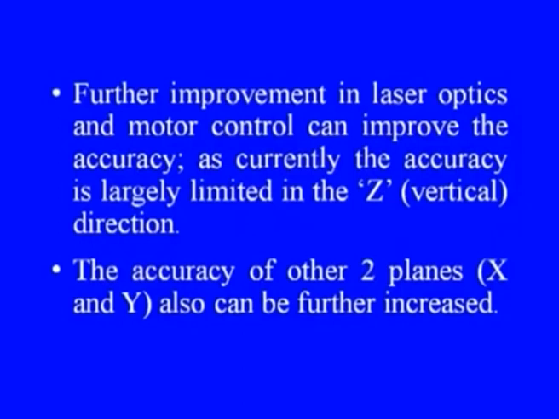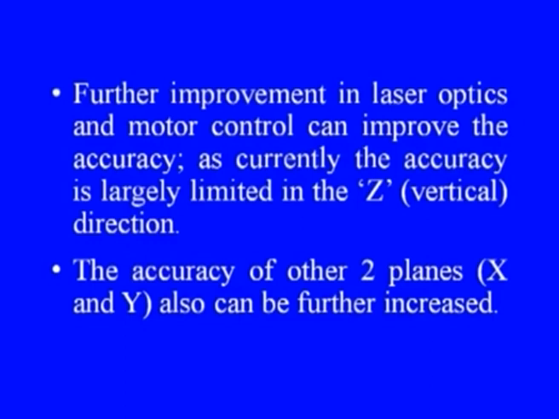Further improvement in laser optics and motor control can improve the accuracy, as currently the accuracy is largely limited in the Z direction or the vertical direction. Z direction is generally considered as the vertical direction, with x and y being the other two.